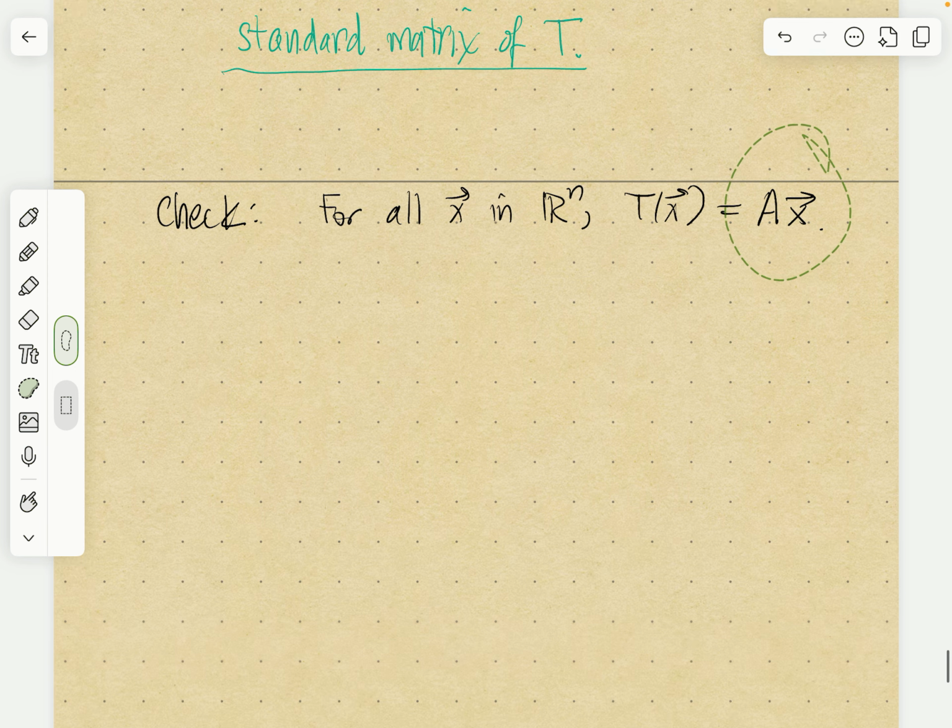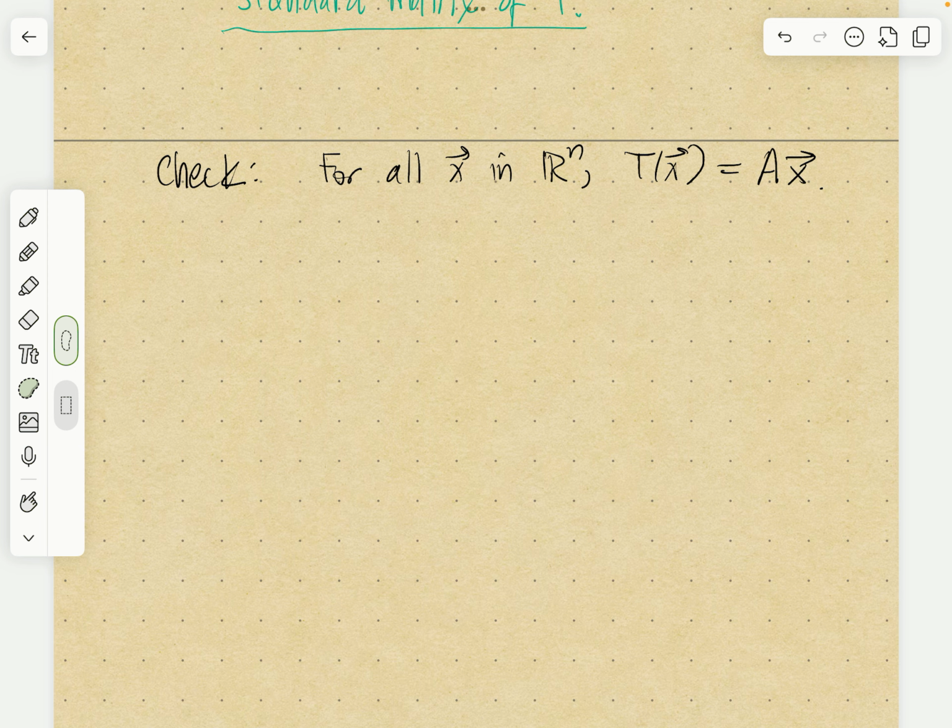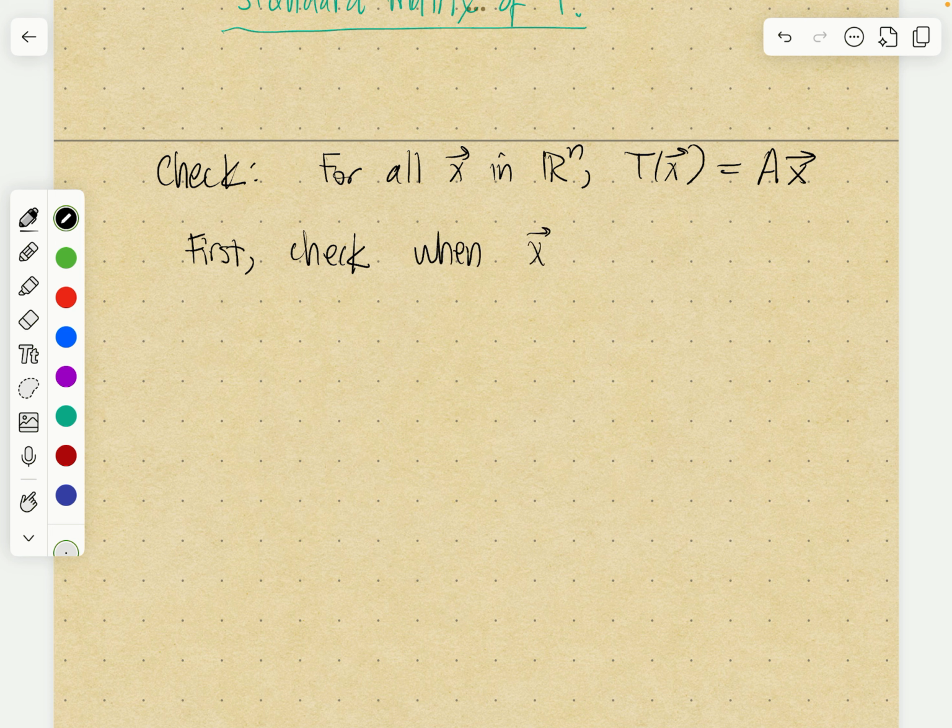Okay, so let's check that this is in fact true. Well, first of all, let's check that they agree. So first, let's see what happens when x is a standard basis vector e_i.